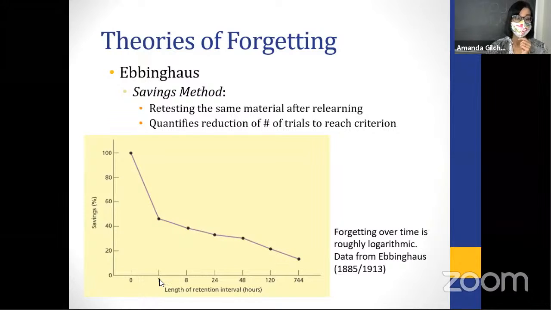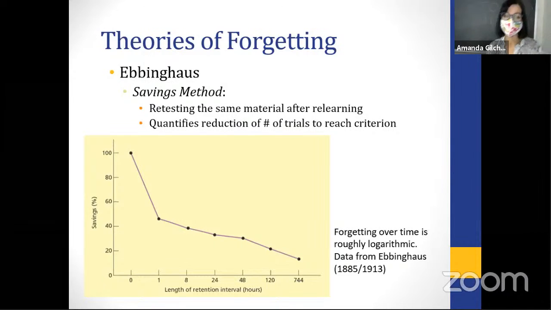He'd wait an hour. He'd wait 8 hours. He'd wait 24 hours or a whole day, 48 hours or 2 days, 120 hours or 5 days, or 744 hours, which is approximately a month.